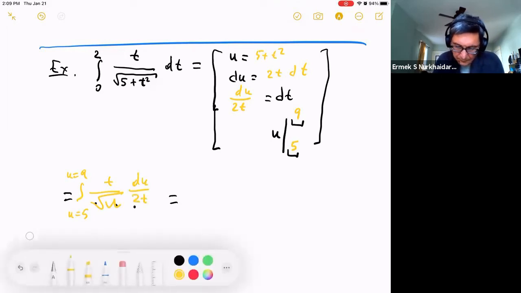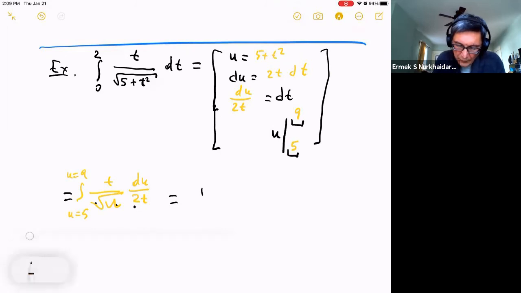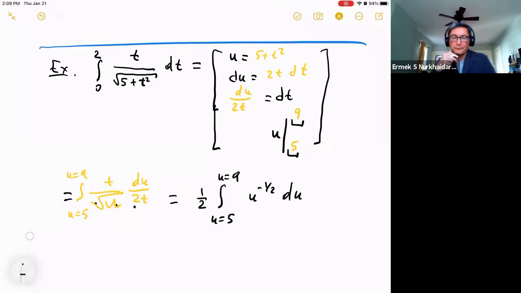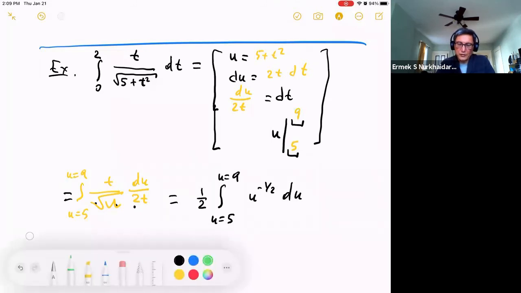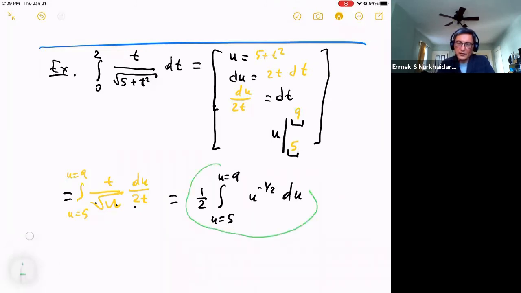So 1/2, u equals 5, u equals 9, u to negative 1/2 du. Okay, so after substitution, the integral which we are looking for is something like that.